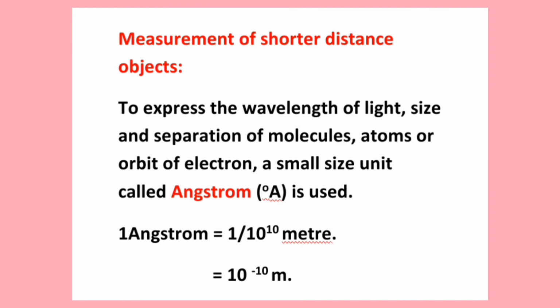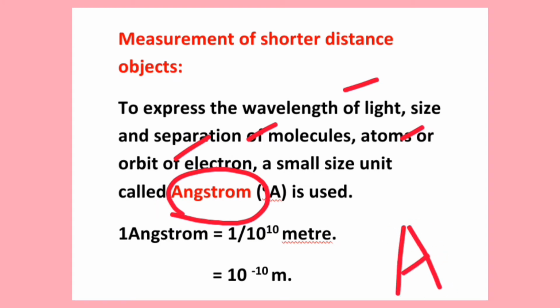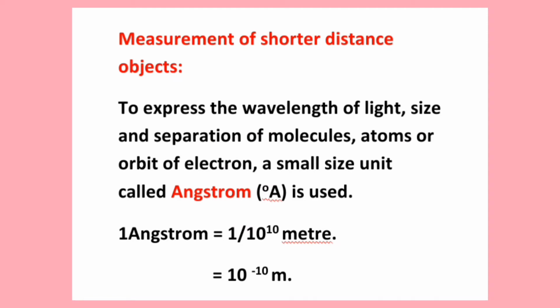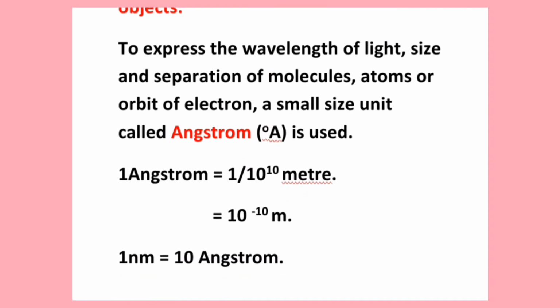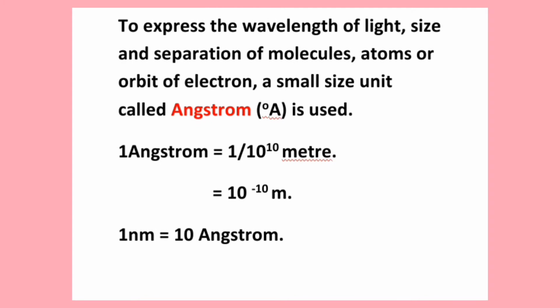As we move into the measurement of shorter distance objects, to express the wavelength of light, size and separation of molecules, atoms or orbit of electrons, a small size unit called angstrom is used, written like this, Å. 1 angstrom is 1 by 10^10 meter, or 10^-10 meter.